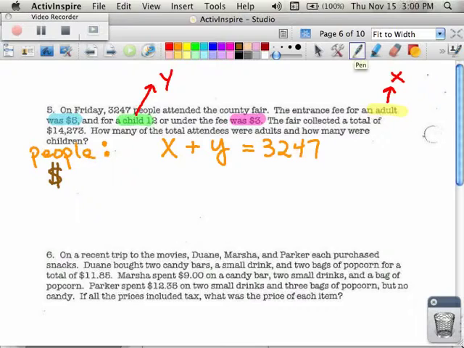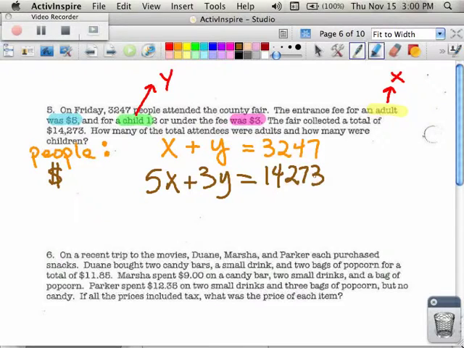So as I write my second equation, I'm going to say, hey, it was $5 for every adult and $3 for every child. And when I charge those amounts, they collected a total of $14,273. So these numbers of the 5 per adult and 3 per child are coming out of the story problem.